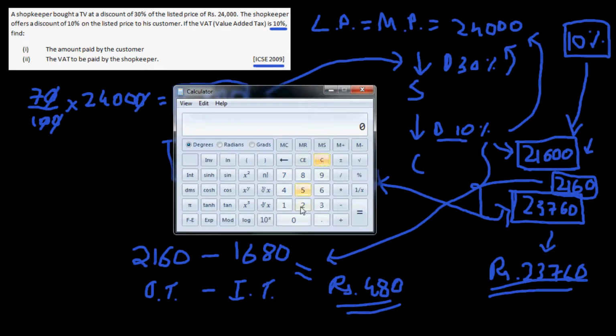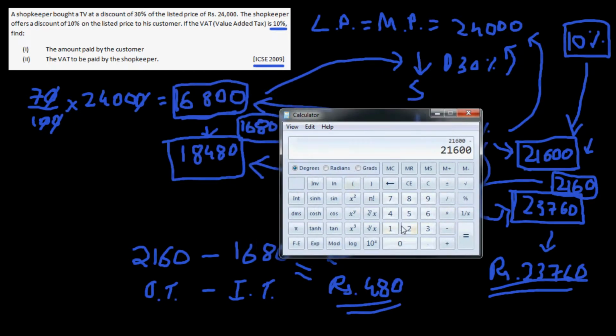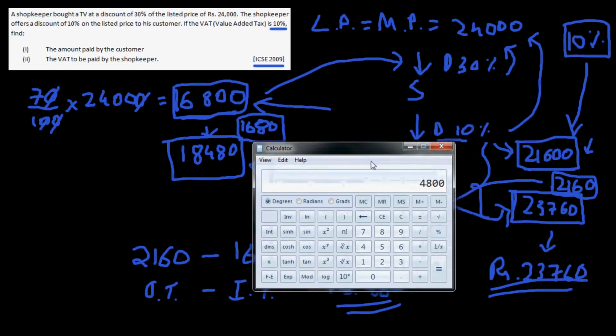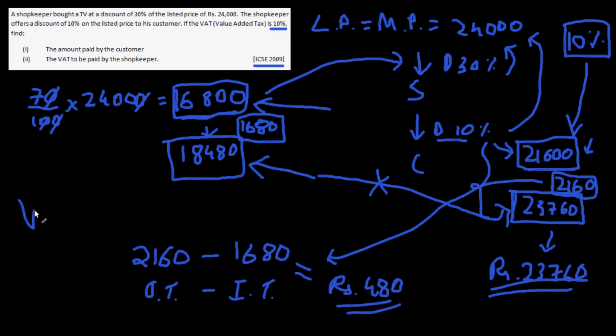21600 minus 16800 is 4800. So his value added, VA, is equal to 4800. And as I told you, to find the VAT, all we need to do is apply the tax rate to this value added.